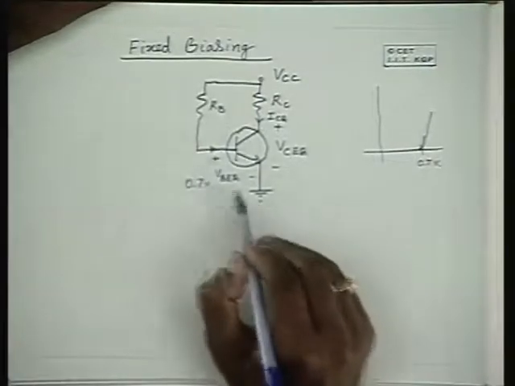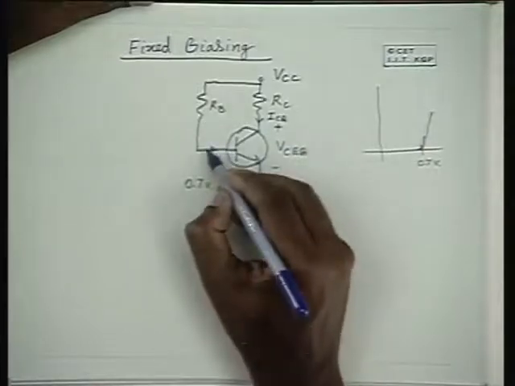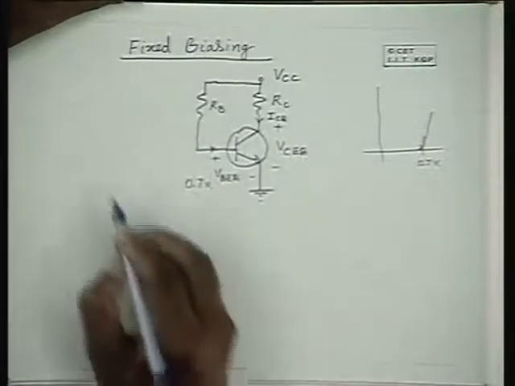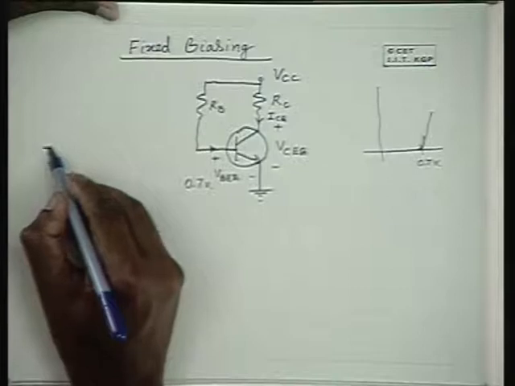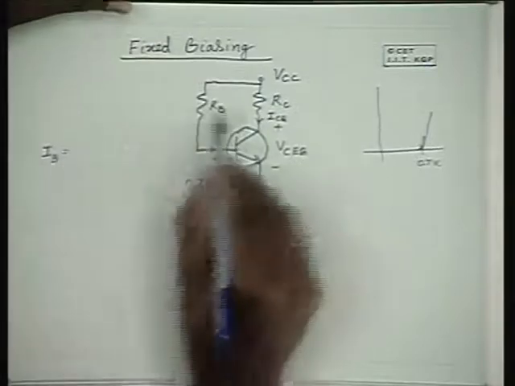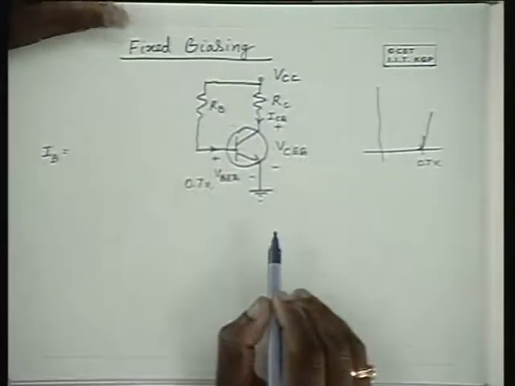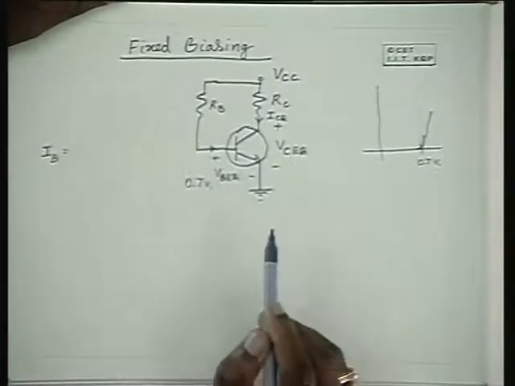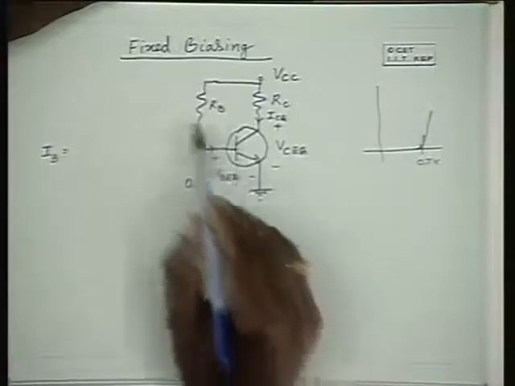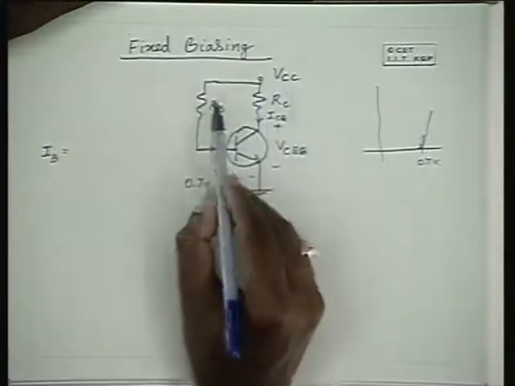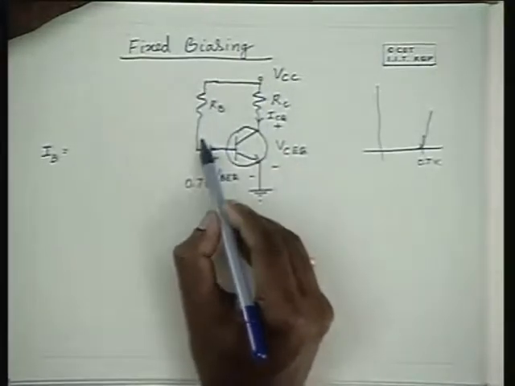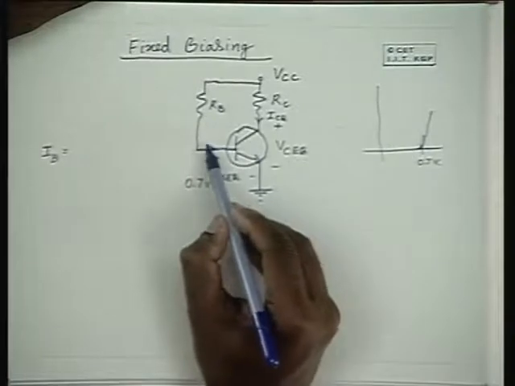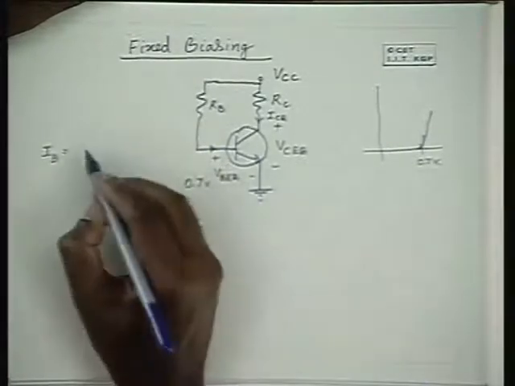So with this as VBE, how much IB flows here? Now if you apply Kirchhoff's voltage law to this side, how much current flows through RB? VCC is equal to IB into RB plus VBE.